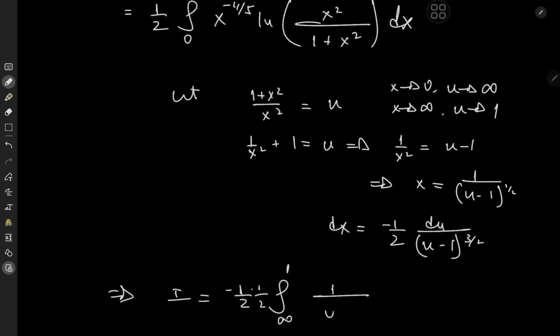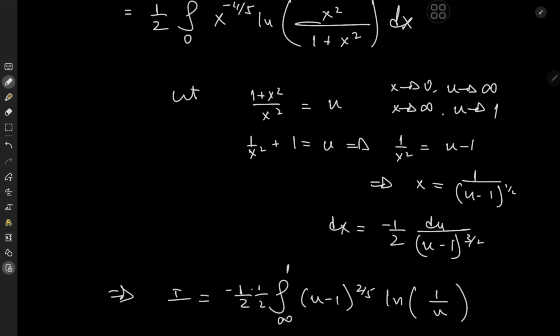So we have 1 over u minus 1 to the 1/2 times -4/5, which is, well, -2/5. Yep, that's pretty much it. Or I'll just write this whole thing as u minus 1 to the 2/5, which looks cool. And then we have log of 1 over u.